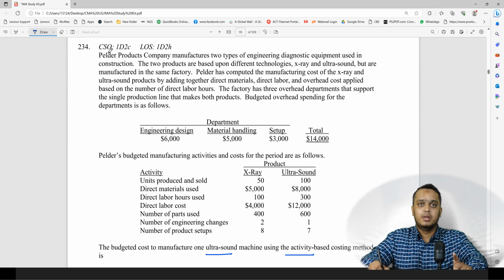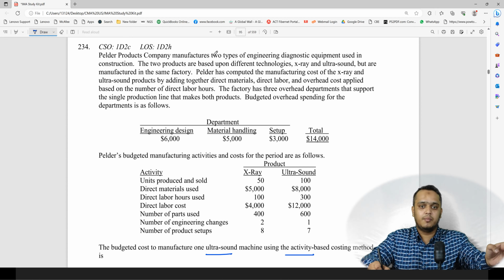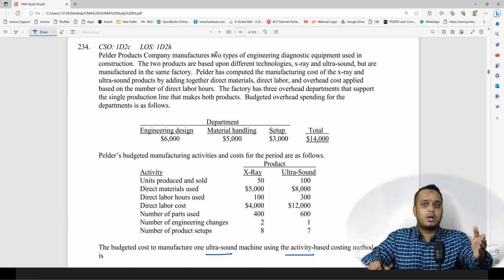So let's see. Pelder Products Company manufactures two types of engineering diagnostic equipment used in construction. The two products are based upon different technologies, X-ray and ultrasound, but are manufactured in the same factory. Pelder has computed the manufacturing cost by adding together direct material, direct labor, and overhead cost applied based on the number of direct labor hours.